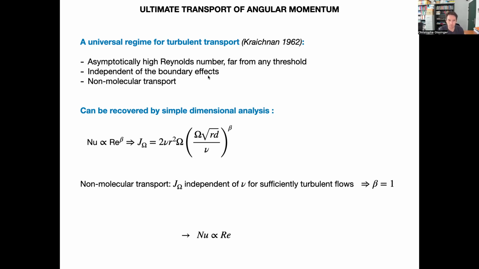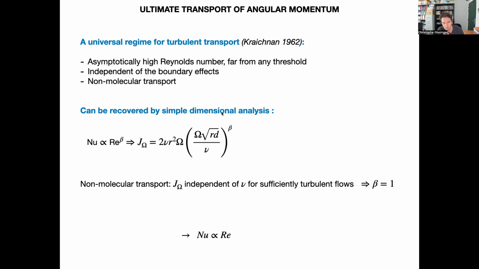The boundary must not be involved in the driving of the angular momentum. And finally, a last important point is that you need the molecular diffusion coefficient to be not important. You need the flow to be so turbulent that it doesn't care about molecular diffusion anymore. There is no molecular transport of angular momentum. And basically, if you have these three assumptions, you can get this Nusselt equal Reynolds number scaling.